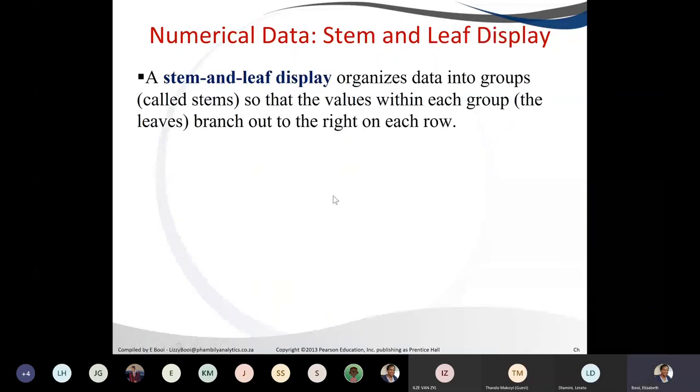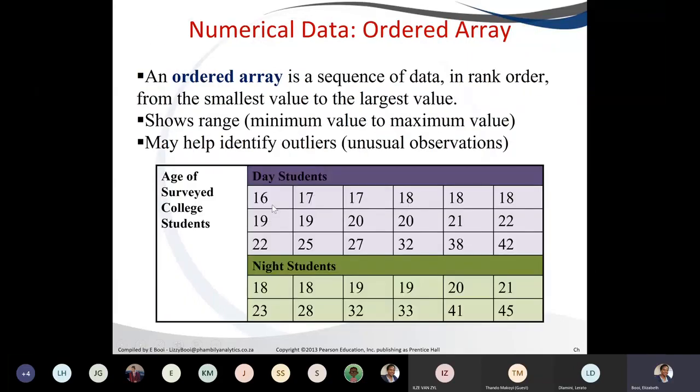And each stem is related to the leaves. The leaves are those values following the stem. If I look at this, 6, 7, 7, 8, 8, 8 will be my leaves, but they all have the same stem. From 16 until 19, they have the same stem, which is 1. So they will all be grouped under 1 as my stem.